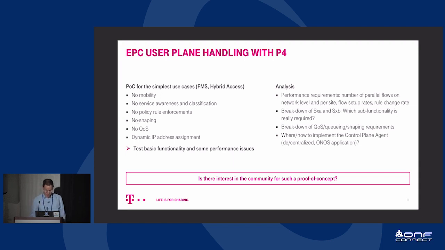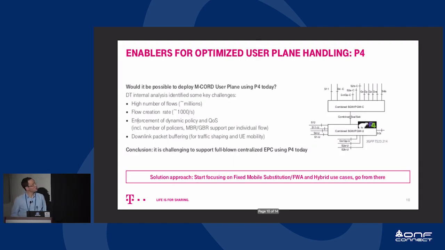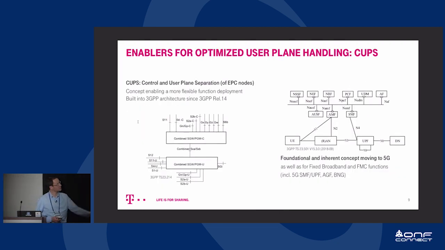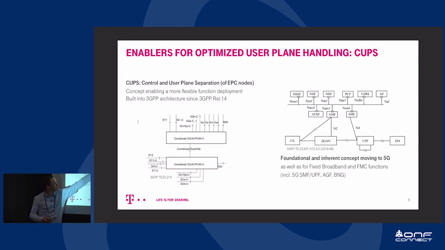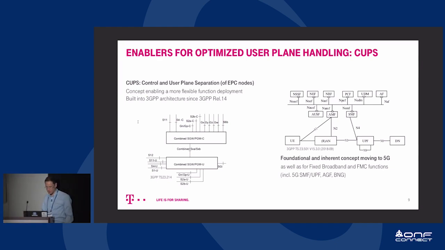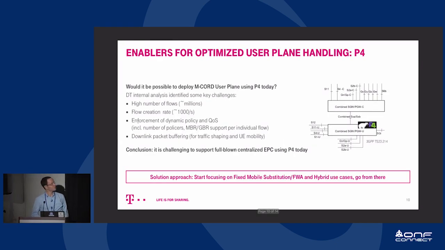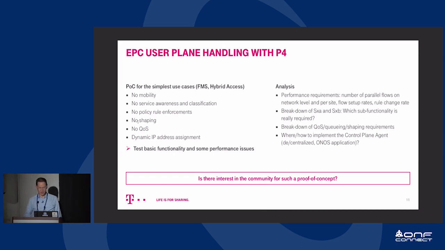And actually I didn't spend too much time on introducing them, as said, right? So CUPS interfaces actually mean the interface between control and user plane. So looking at the breakdown of what is really needed for QoS and where and how to implement the control plane.